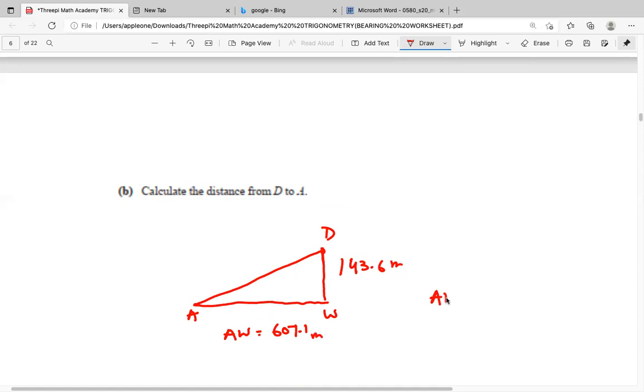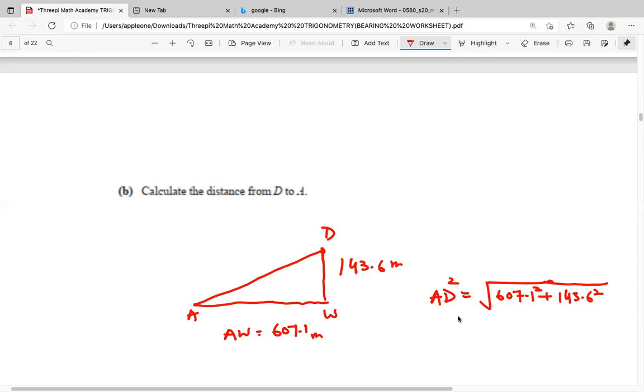Now AD square, using Pythagoras theorem, is 607.1 square plus 143.6 square. So square root of 607.1 square plus 143.6 square.